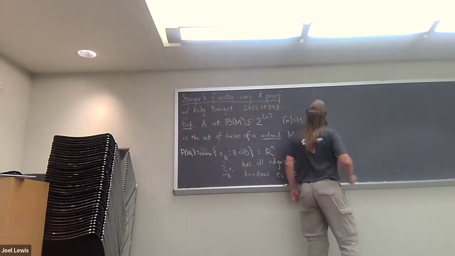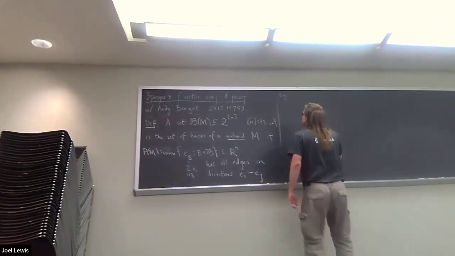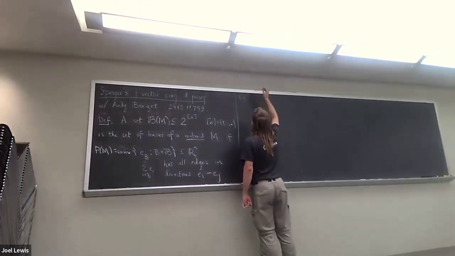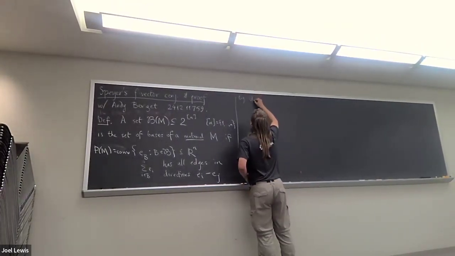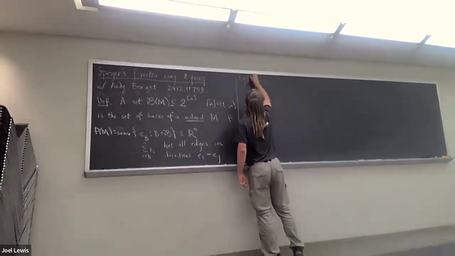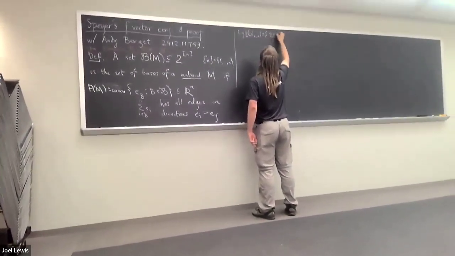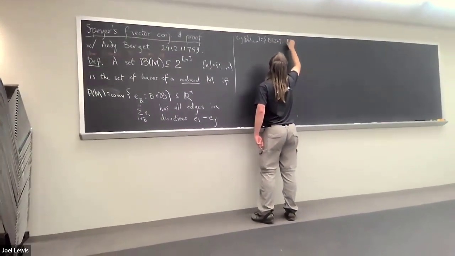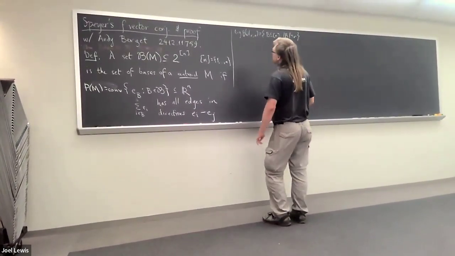So, we should do some examples. Let's do, well, I can do the uniform matroid of some rank r on n. This has bases all subsets of [n] of size r. That's a matroid.